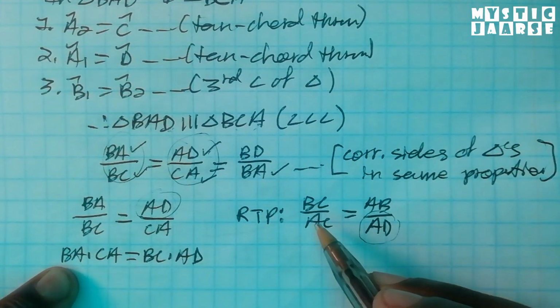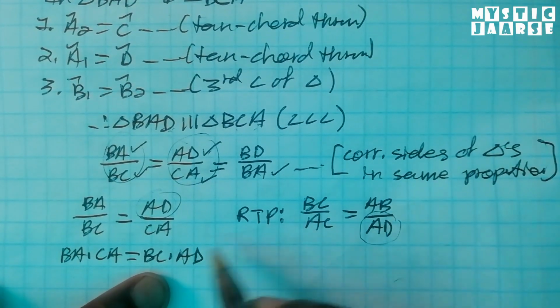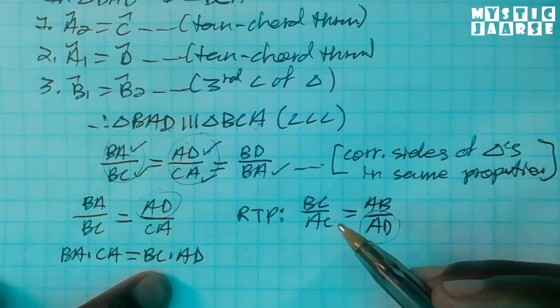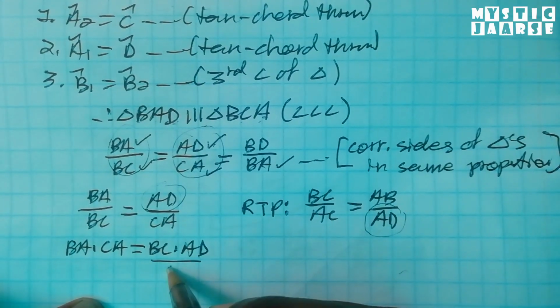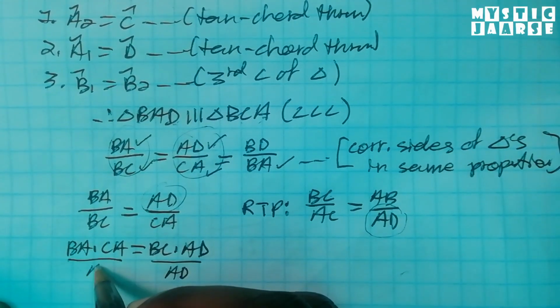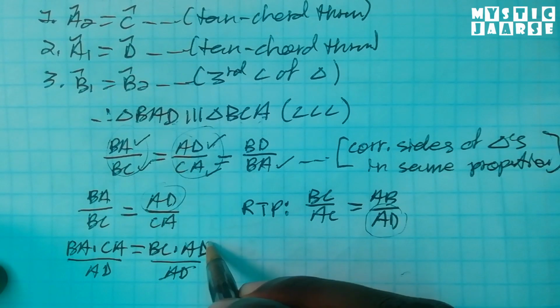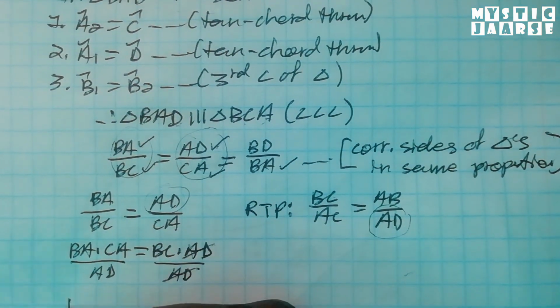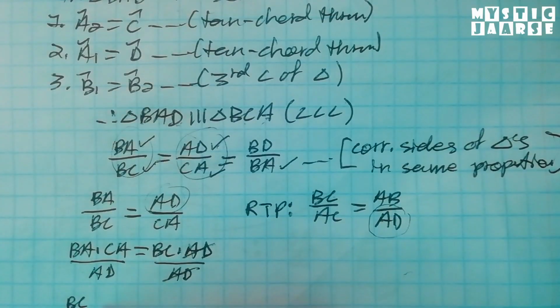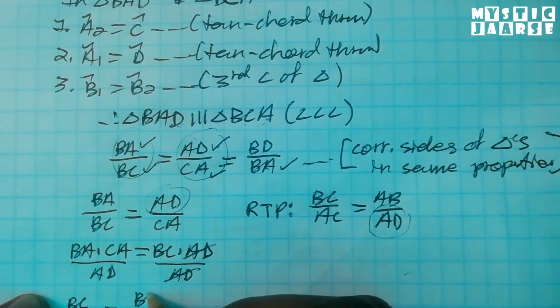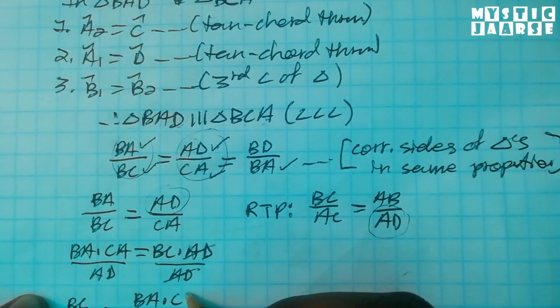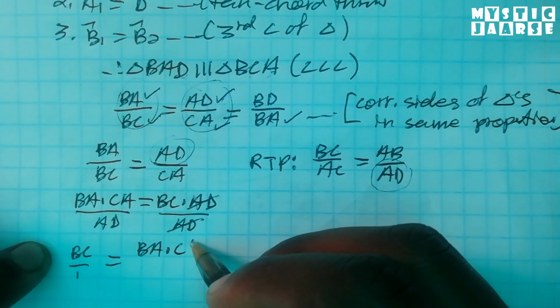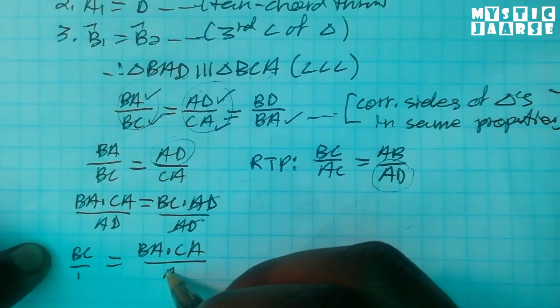On this side we want to make BC our numerator. So we divide by AD, divide by AD. This AD will cancel with this AD. I'm going to write this on the left hand side. So we have BC divided by 1 is equal to BA multiplied by CA all divided by AD.